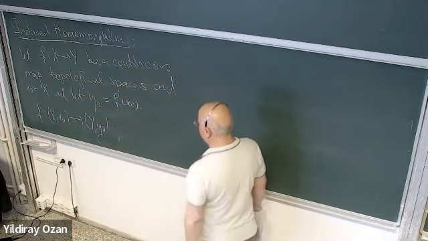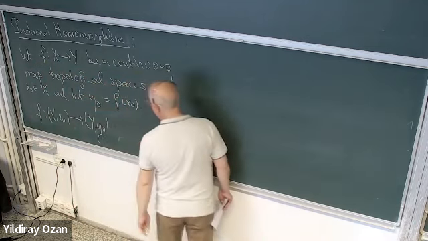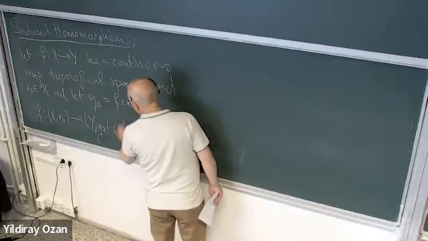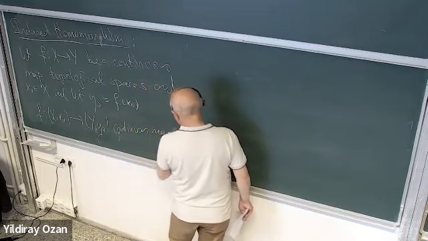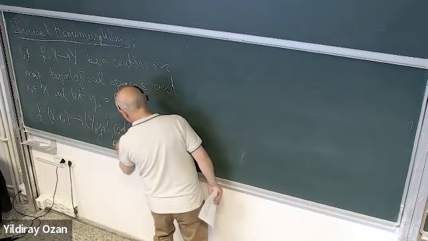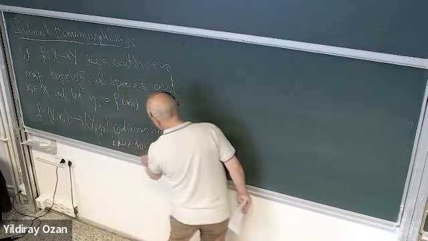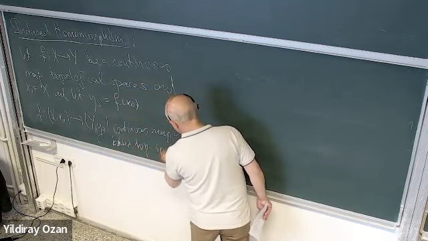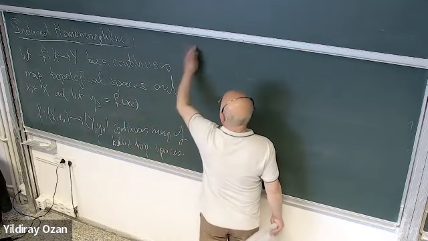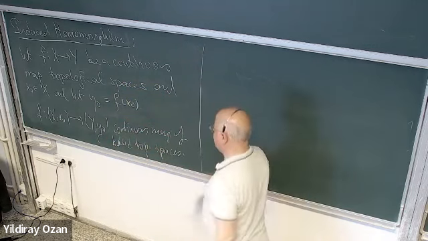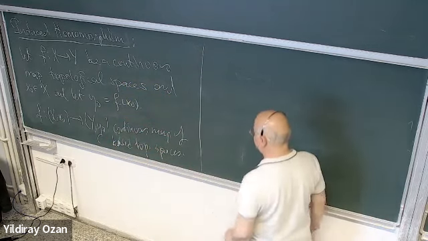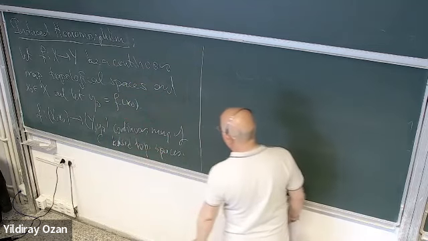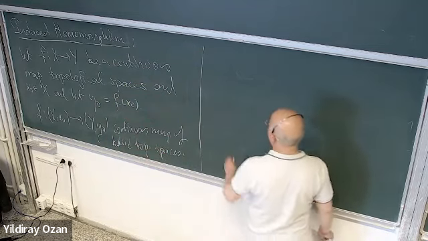So it's a continuous map of based topological spaces. Then this F induces a homomorphism of fundamental groups.